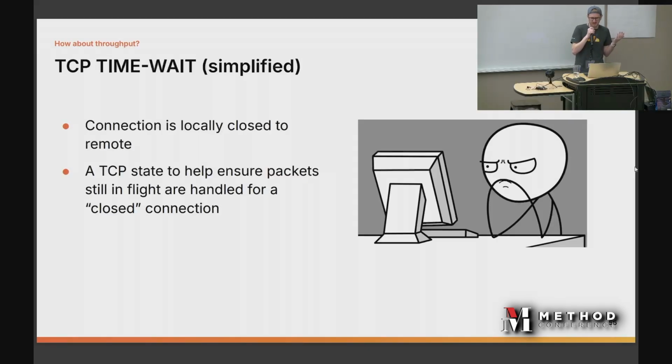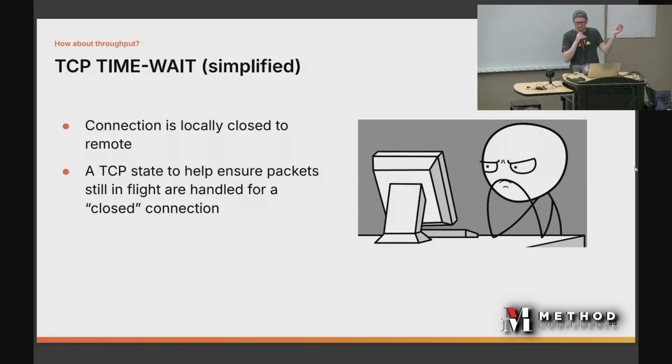But now we have to talk about the TCP state machine. I'm not going to go into details about this, but the gist of what's happening here, and the reason why we can't get more throughput with our chart within those 30 seconds, is because whenever a connection gets closed from our end, remember, we're making egress connections, whenever we ourselves close that connection, eventually we enter into what's called a TIME_WAIT TCP state.